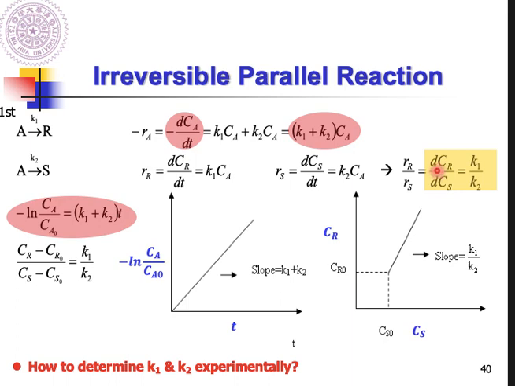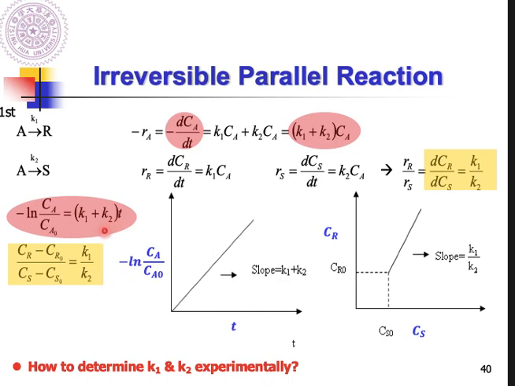What is dCR? It is the change in concentration of product R, and the change in concentration of product S. So it can be rewritten as CR minus CR0 over CS minus CS0, which equals K1 over K2.